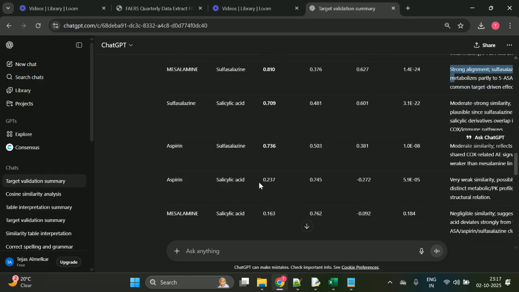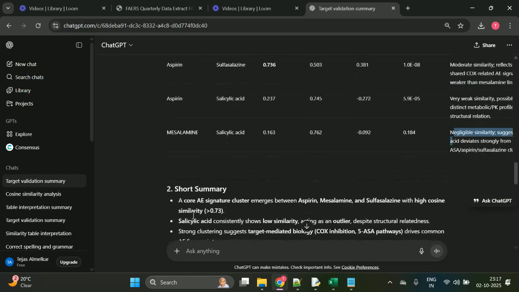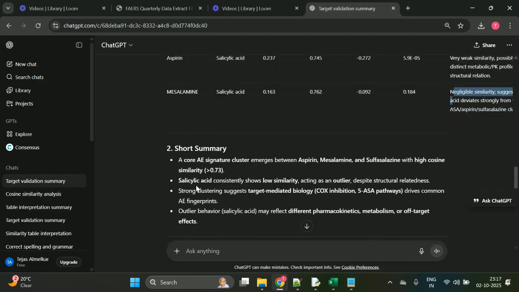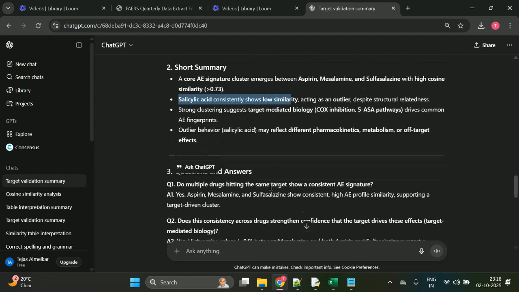Whereas we see salicylic acid shows very weak similarity, and in fact it is negligible when it comes to salicylic acid and mesalamine. The short summary is also provided here. A core AE signature cluster has emerged between aspirin, mesalamine, and sulfasalazine, whereas salicylic acid has consistently shown low similarity.